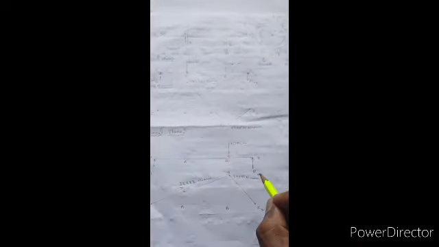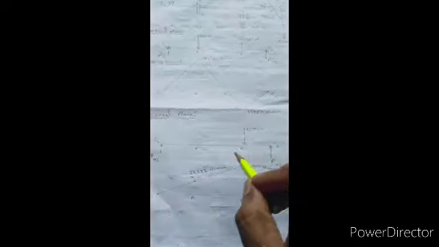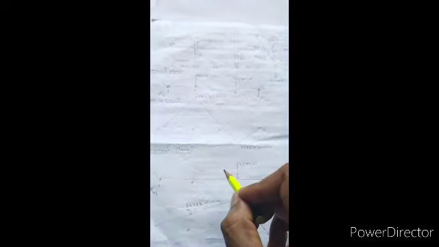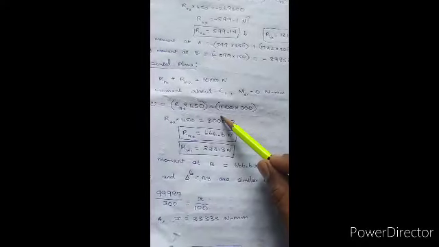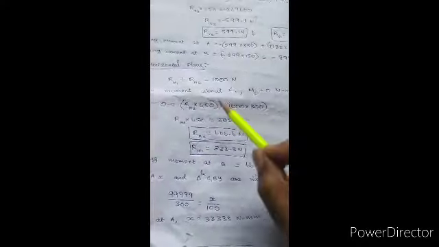So RH2 into the length between C1 and C2, which is 450. Minus 1000 into 300 plus 450 into RH2.